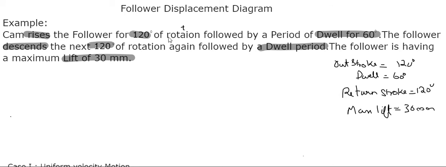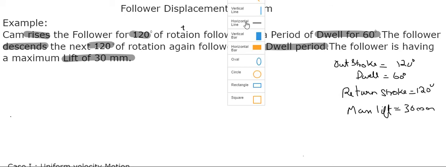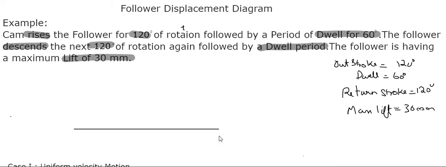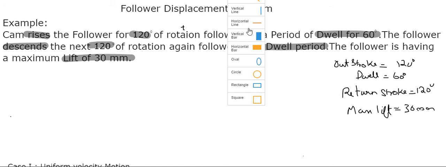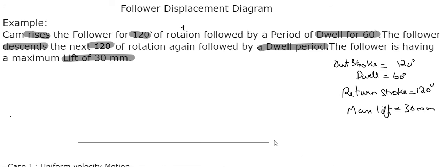So if you analyze this data, just to draw a rough understanding of the data, your follower is having a maximum lift of 30 mm. So vertically it is having 30 mm, then it is having 120 outstroke, 60 dwell, then again 120 return stroke, and the remaining portion of the rotation as dwell.